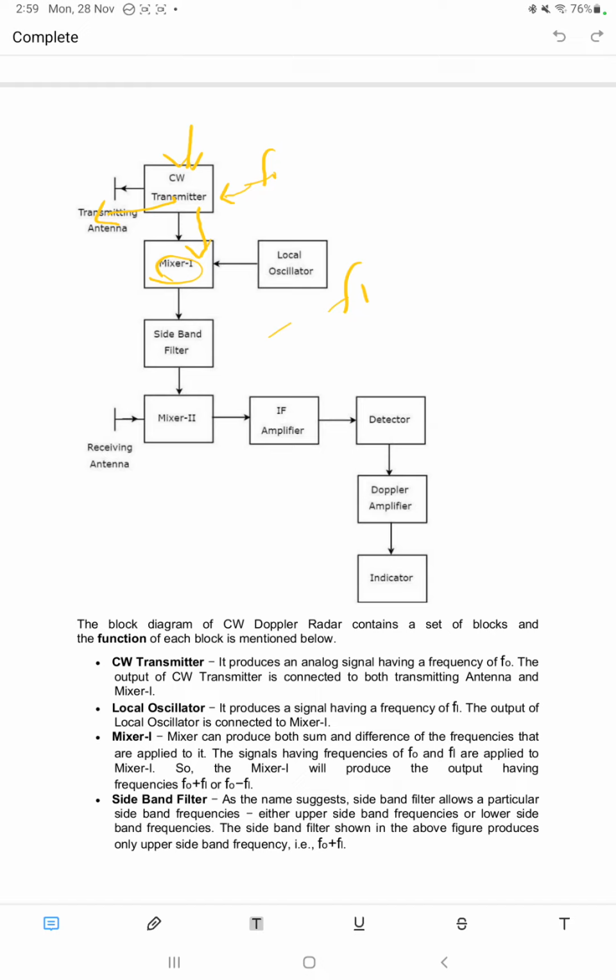Mixer 1 can produce both the sum and difference of the frequencies that are applied to it. From here we have frequency f0, and from here we have another frequency f1.